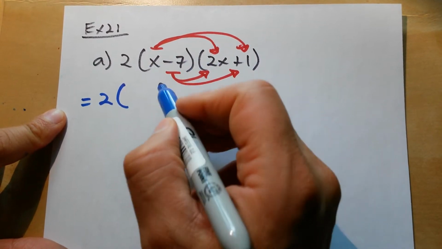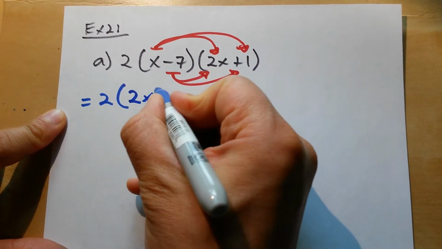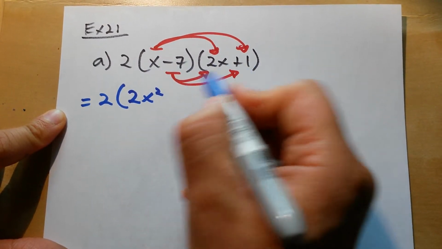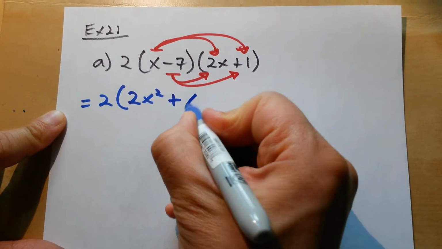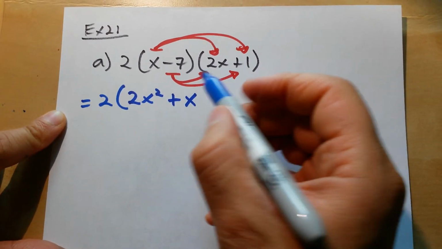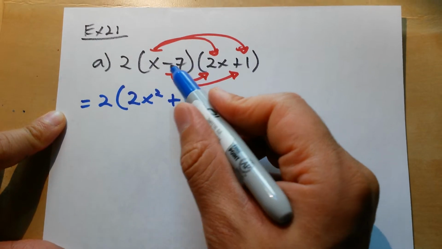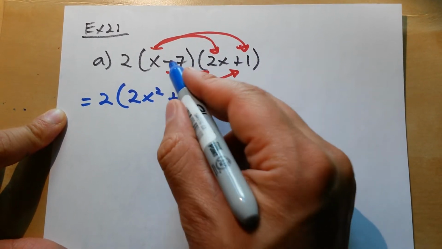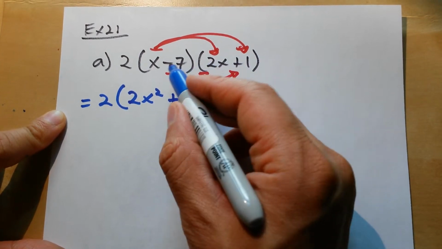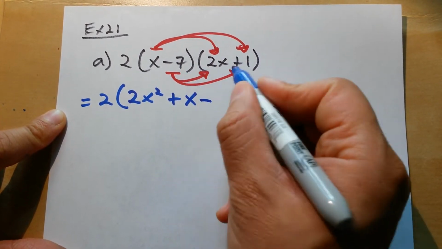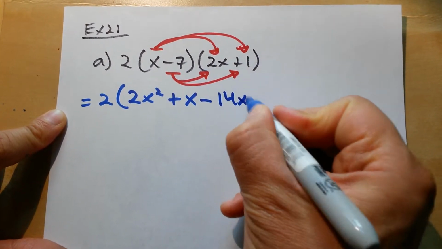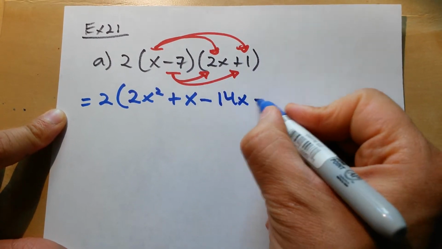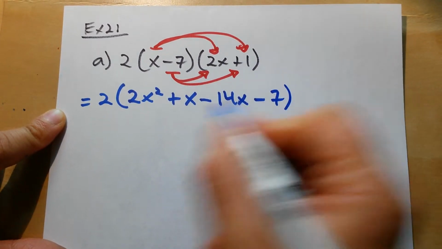So x times 2x gives us 2x squared. x times 1 gives us x. We don't write the 1, it's not necessary, but it's implicitly there. Negative 7 times 2x is negative 14x, and negative 7 times 1 is negative 7.